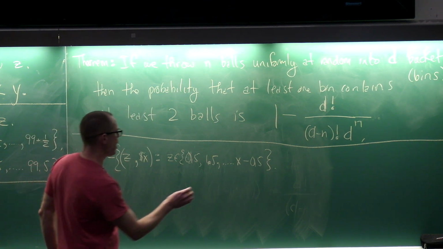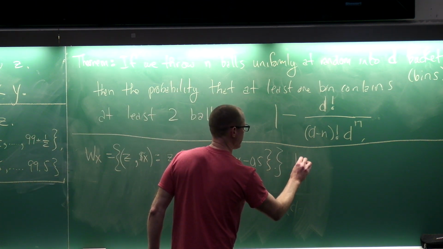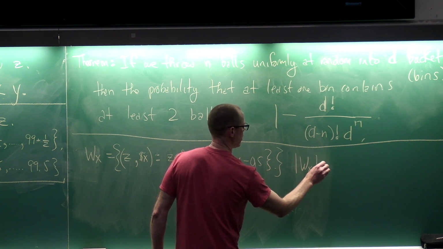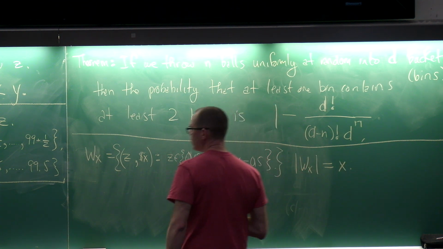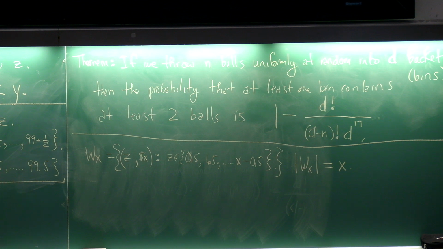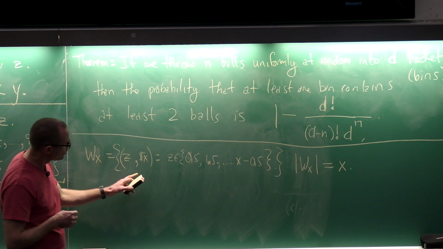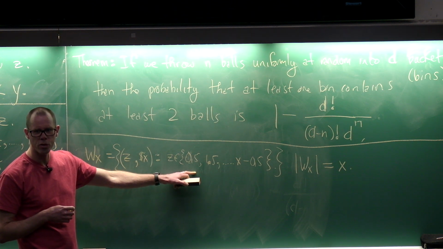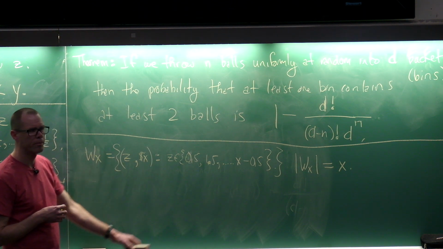And we've just decided that the size of this set Wx is equal to x. So if there's x dollars in that box, and I open that box with x dollars, then these are all the choices of z that allow me to win there.